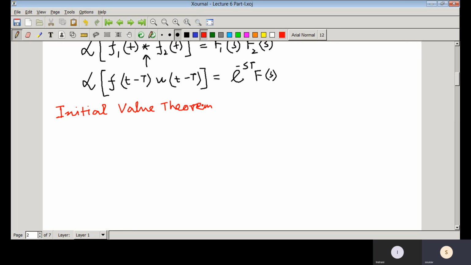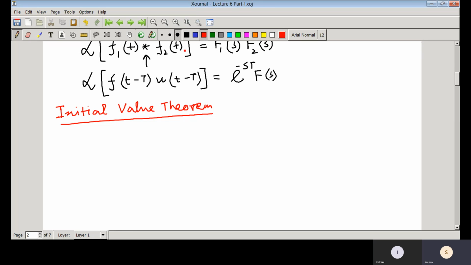Initial value theorem. Here initial value theorem means, suppose a function is given, and you would like to find the value of that function when t tends to 0, you can have it in the Laplace domain as well.